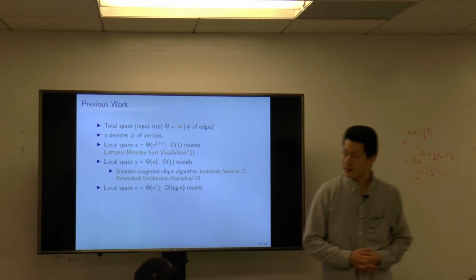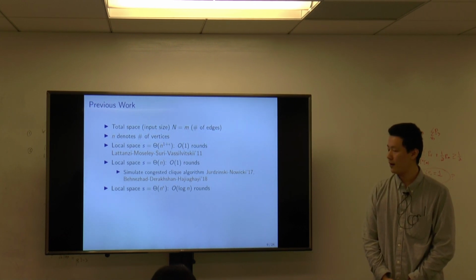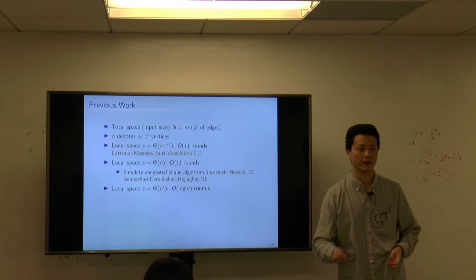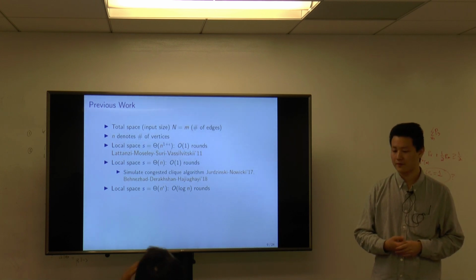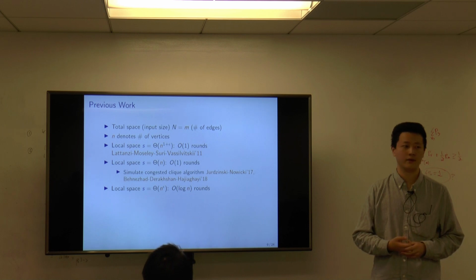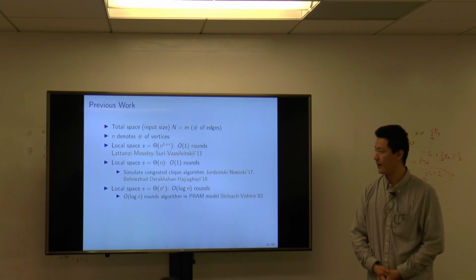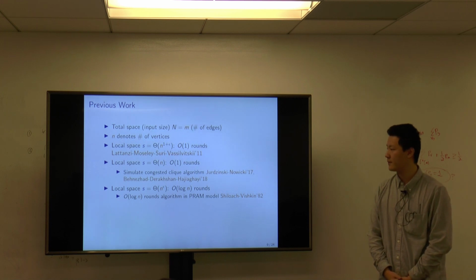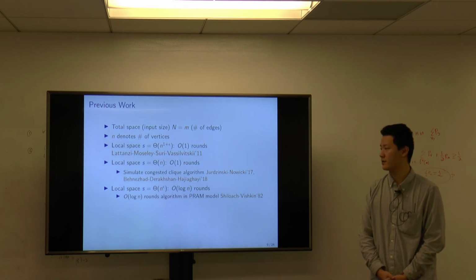Okay. But the problem becomes very hard when your local memory size is much smaller than the number of vertices. And the best algorithm known previously is just the log n rounds algorithm. Actually, a log n rounds algorithm in the PRAM model has been known for more than 35 years.